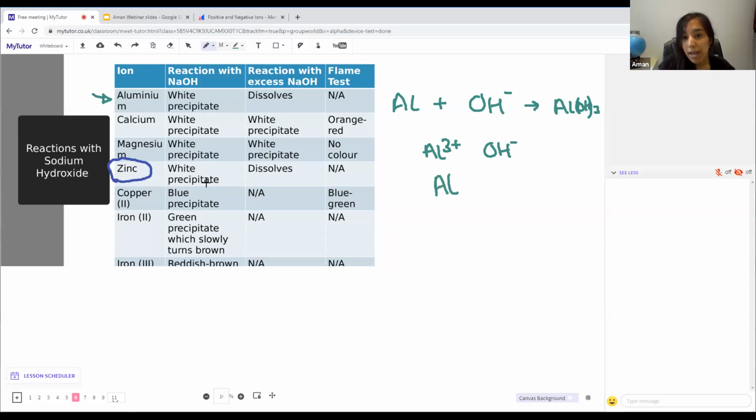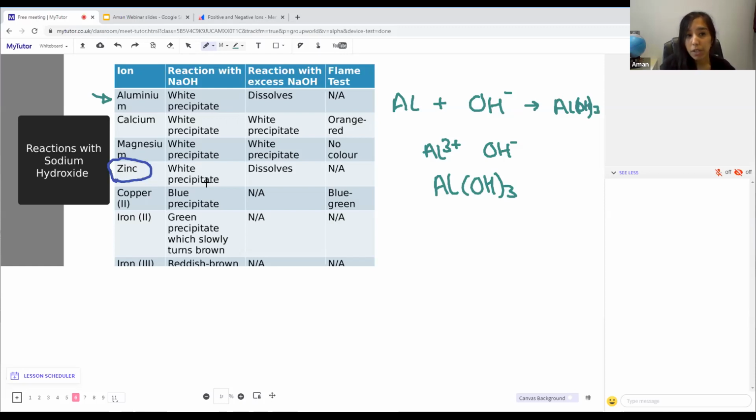So it becomes Al1 because there's a negative charge, but it's just one negative. And then OH will take the 3. And the other way you can think about it is the aluminium has 3 less electrons, and hydroxide has 1 more electron. So if they're going to share electrons, we need 3 hydroxides to be shared with 1 aluminium for that bonding to take place.